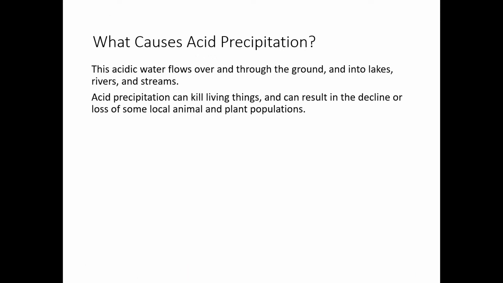What causes acid precipitation is, as I mentioned, the burning of fossil fuels. Whenever this acidic rainwater or snow flows over and through the ground, it gets into your lakes, rivers, and streams.